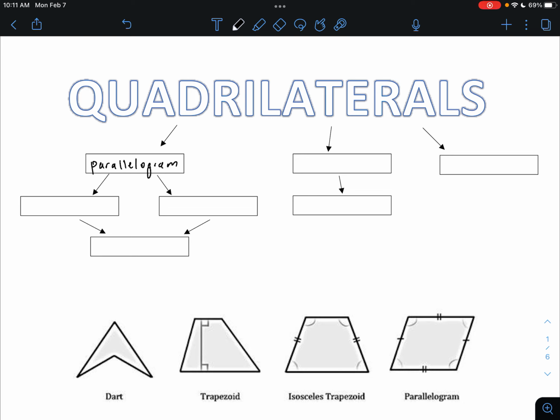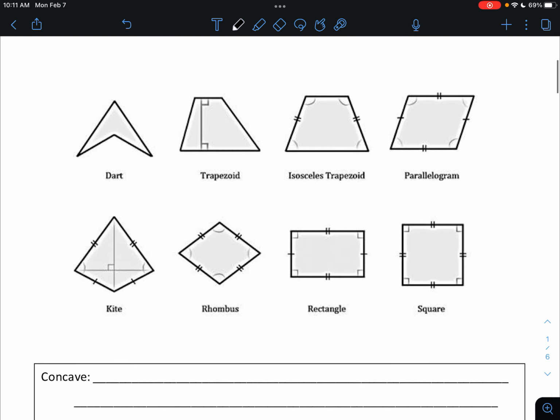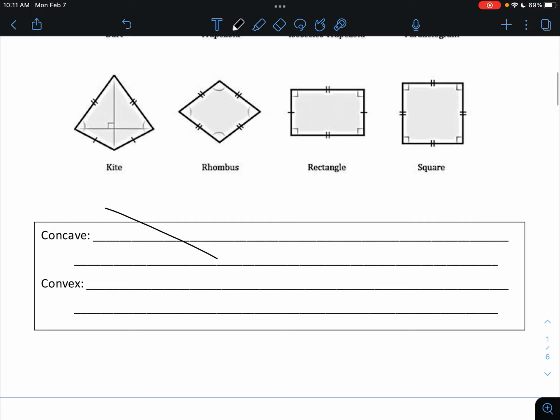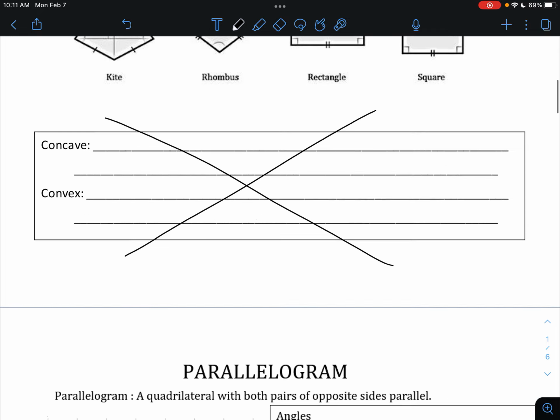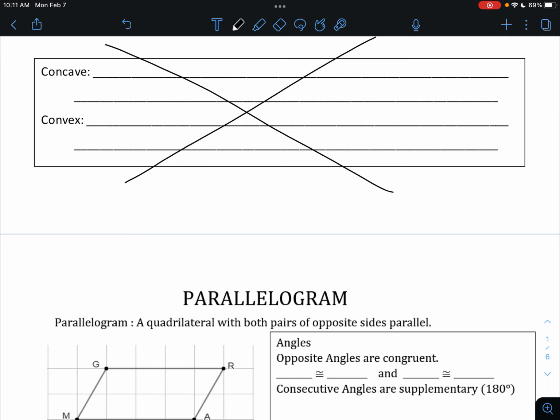A parallelogram is the first one, spelled like parallel and then O-gram. Okay. Once you've done that, go ahead and flip to the next page. We're going to go ahead and cross off those things there. We talked about those in the first lesson. If you want to refresh yourself on that, please do so.